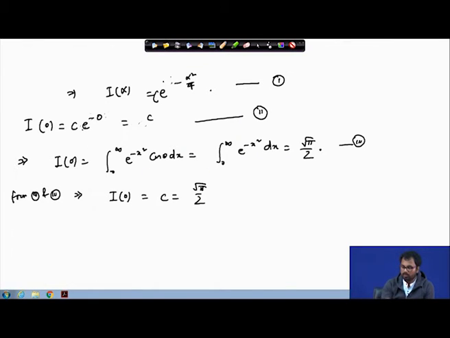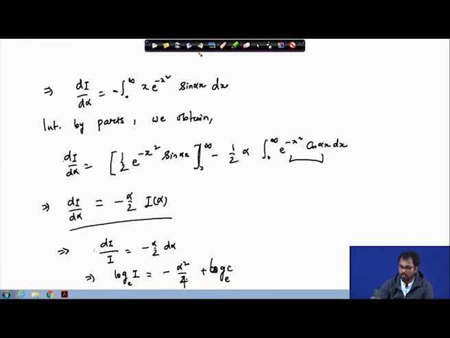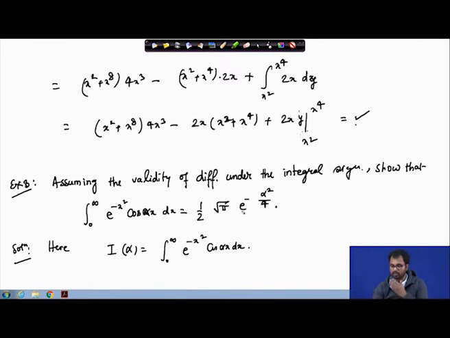So from 1 we can write I alpha equals square root of pi by 2 times e to the power minus alpha square by 4. And this is what we needed to prove.